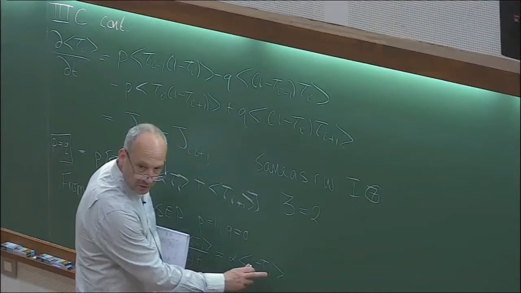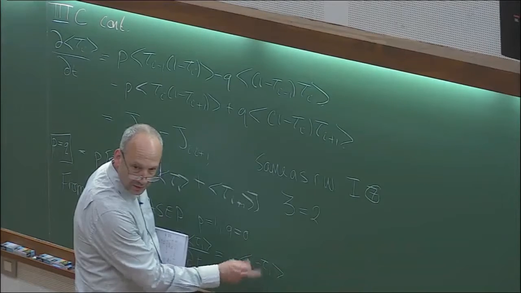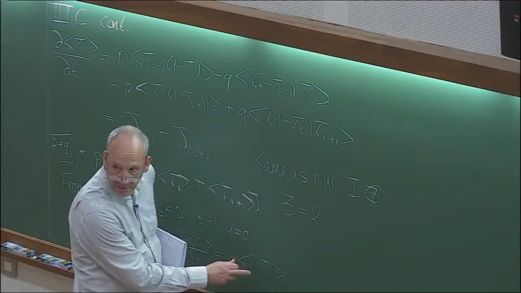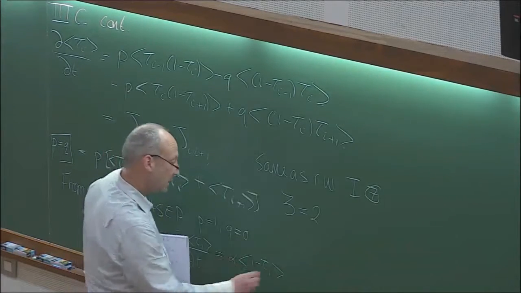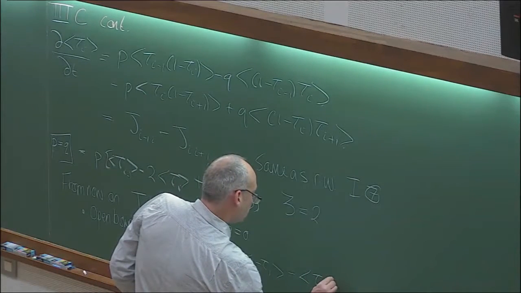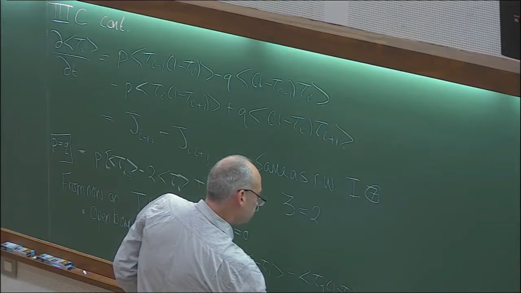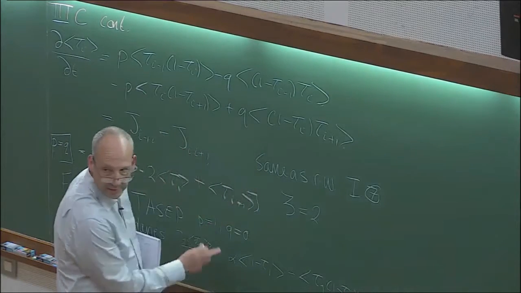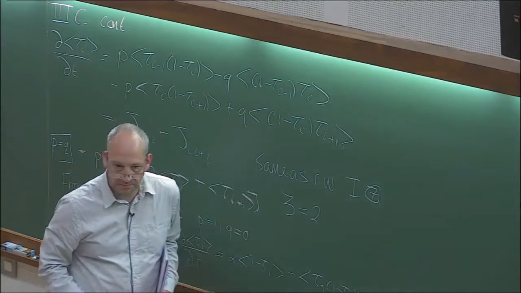So that gives me this correlation function, 1 minus τ_1, the probability that the first site is empty. And then the second term will be τ_1(1 - τ_2). Remember, I'm in the p equals 1 case, so p is just set to 1.